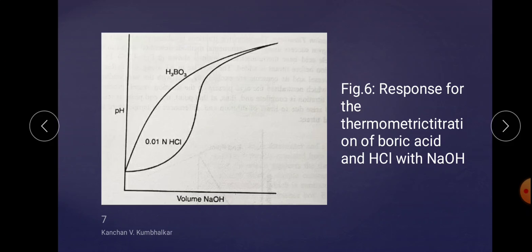So the temperature of the solution in the vessel after the end point, after completion of the reaction, after reaching the neutralization point, steadily decreases because the cool titrant is added to the warm mixture. The end point can therefore be determined as the abrupt change in slope that occurs at the equivalence point.